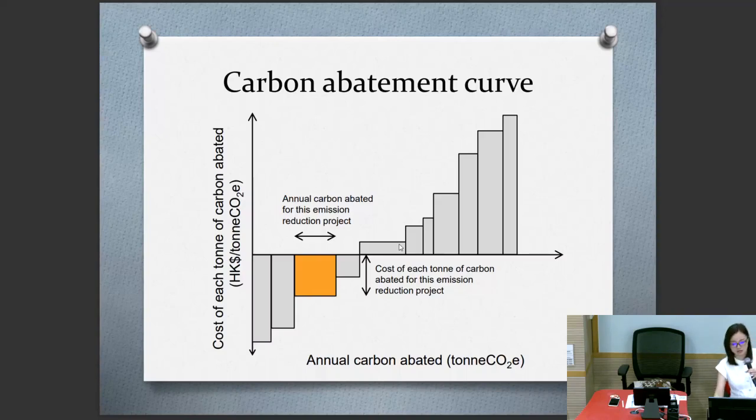Or if the cost is too expensive, then you may compare the cost with the cost of the allowance in the emission trading market. So you can either buy the allowance from the market, or you invest in this technology. That's why the carbon price has to be high enough such that the organization or the country will invest in more expensive carbon reduction technology.